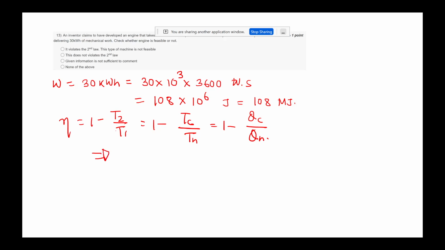Since efficiency cannot be greater than this, 1 minus Tc by Th cannot be greater than 1 minus Qc by Qh, or we can write that Qc by Qh cannot be less than Tc by Th.